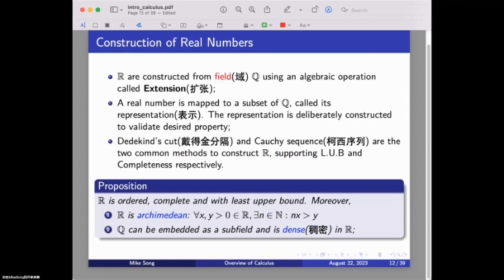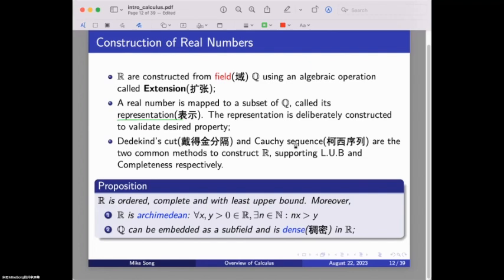And in the view of abstract algebra, R, the set of real numbers, is not defined but constructed from its subfield Q, the set of rational numbers, using the procedure called extension, 扩张. In the procedure, each element of the extended field is mapped to a subset of the original subfield, called its representation, 表示.